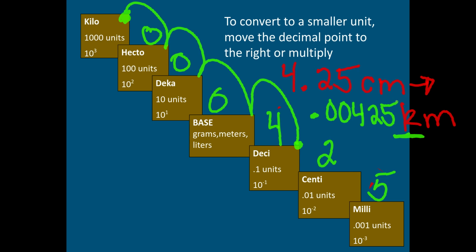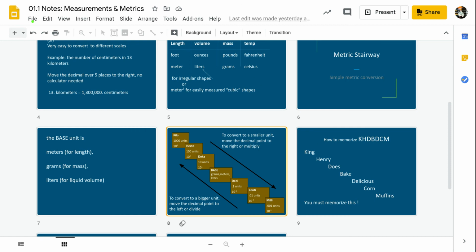So the thing you kind of need to remember is the order of these prefixes. How do I remember the order of my prefixes? The easiest way to remember this is King Henry does bake delicious corn muffins.